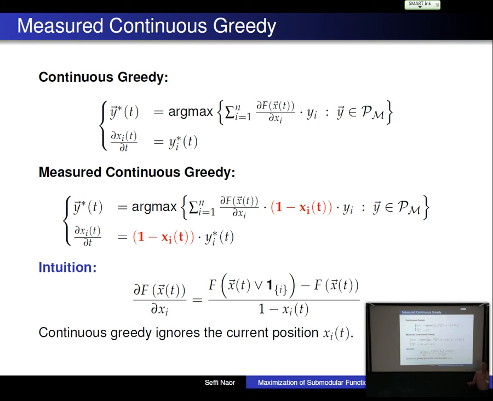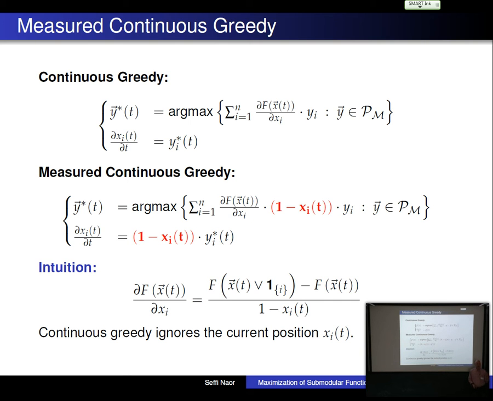So we're using here extra information, which is the point x of t that we're currently at. In the case of the multilinear extension, if we look at just a single variable, the partial derivative of the ith coordinate is a linear function.